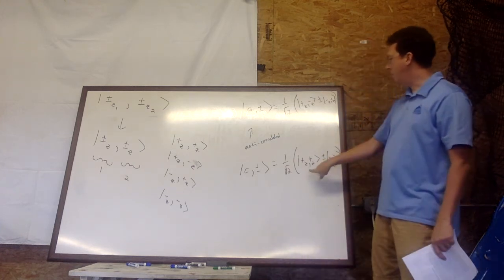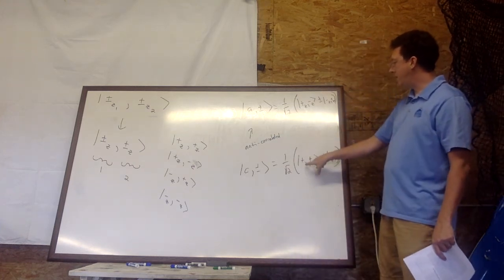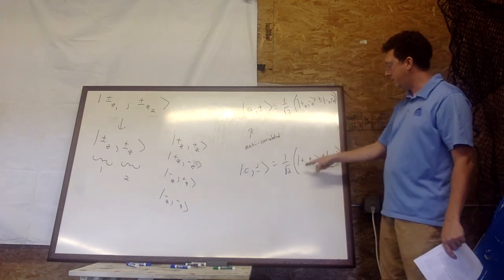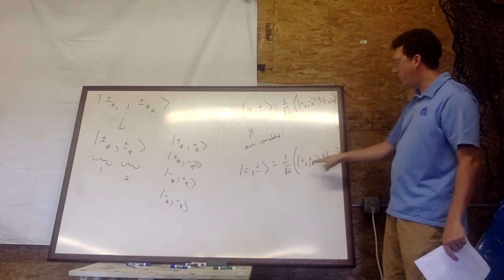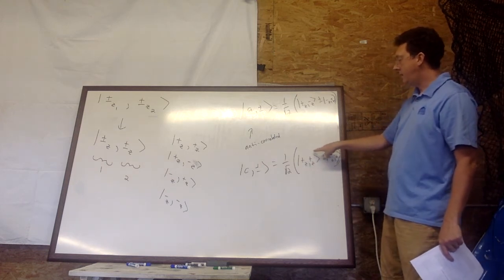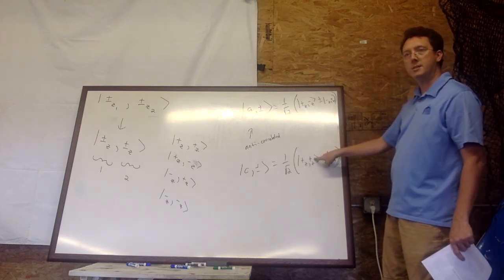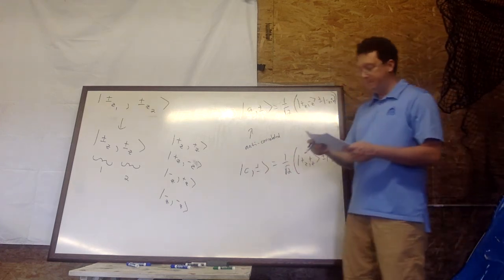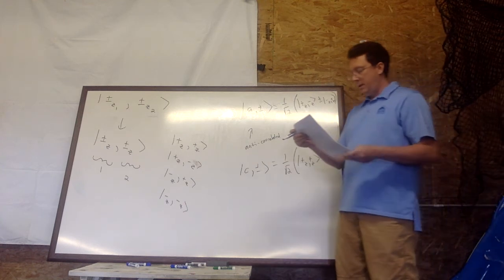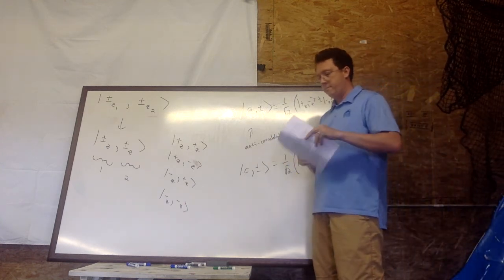Okay, and so again, you don't know, if system 1 is measured, whether you're going to get plus or minus, but whatever you get, you know that if you make a measurement on the second system, you'll get the same. So they're correlated. Okay.